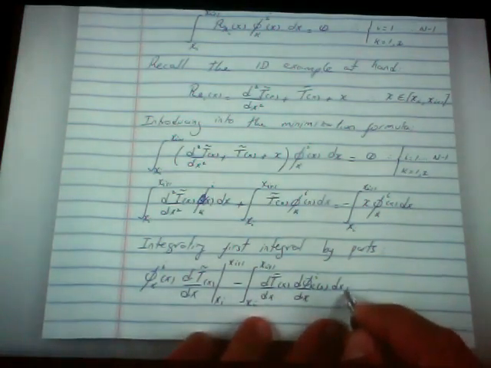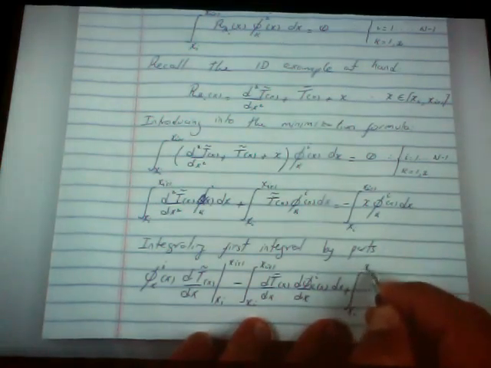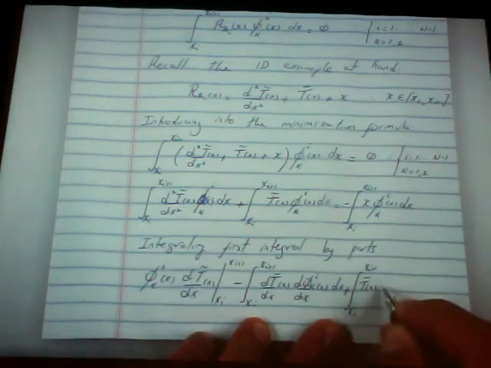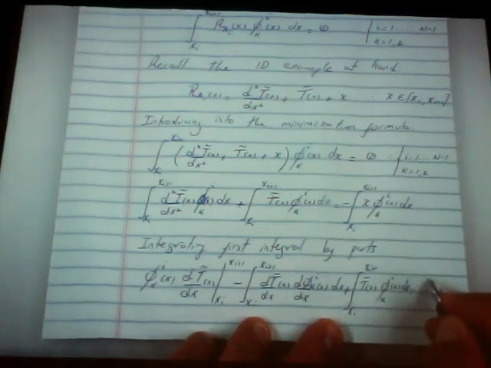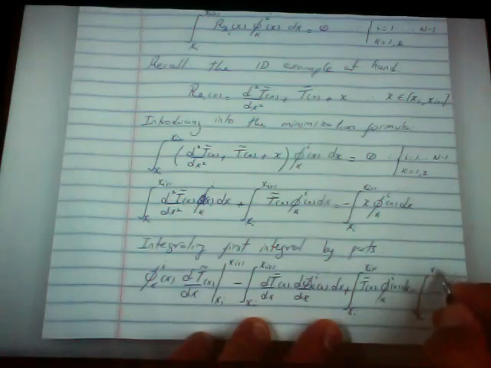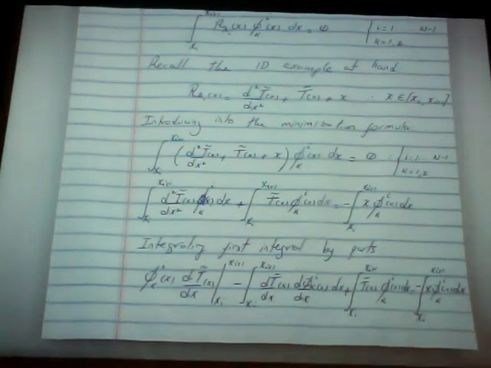And let me fit the rest in here. Negative x v dx.